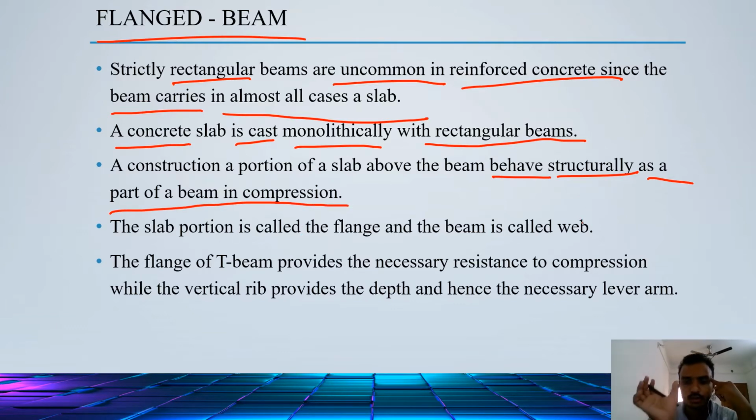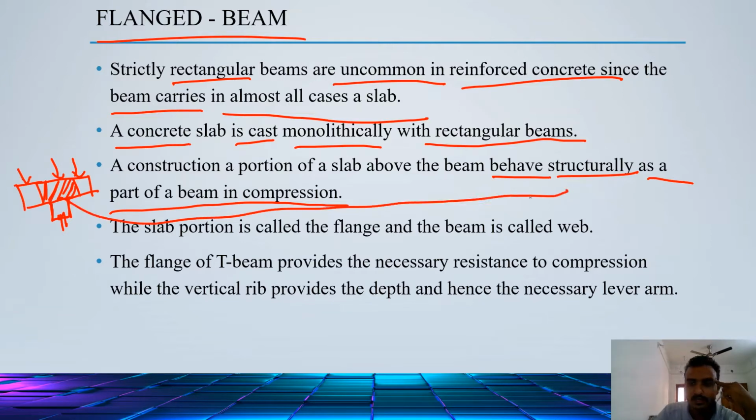Look at here, if I can draw a figure. So here is a slab, and here is a beam. Some portion of the slab, this type of portion, behaves structurally as a part of the beam in compression.